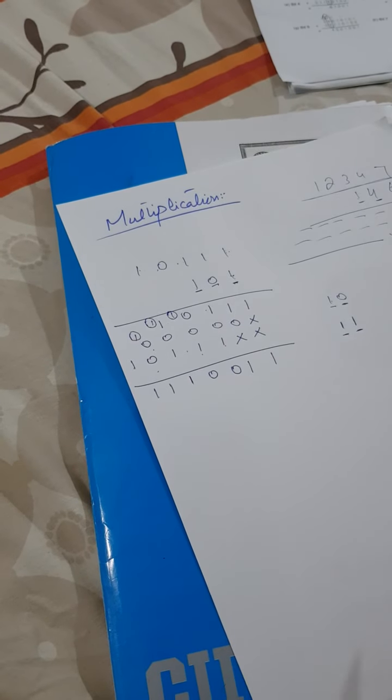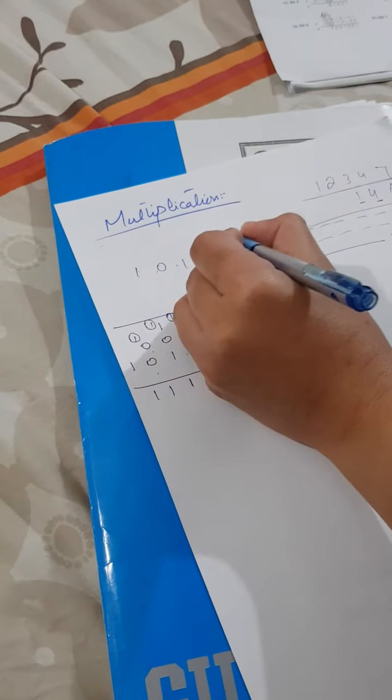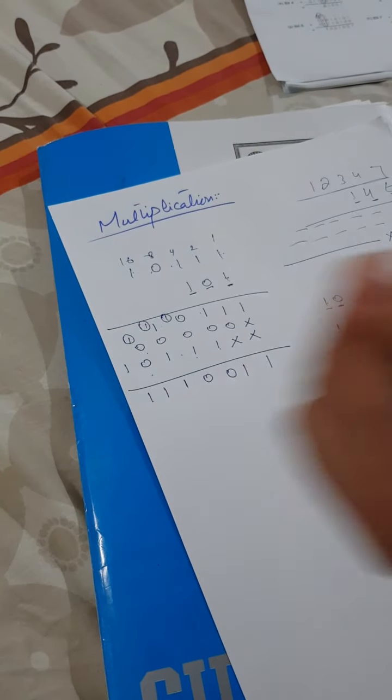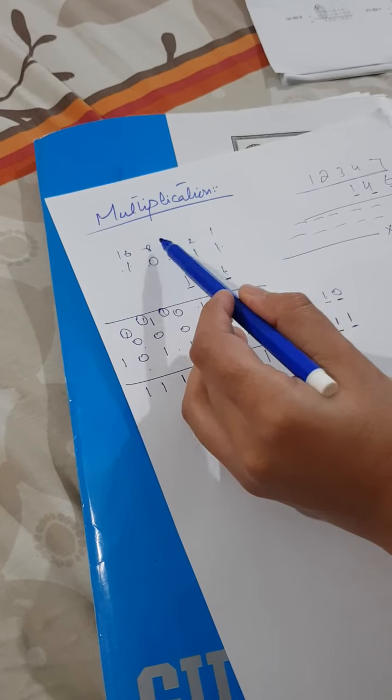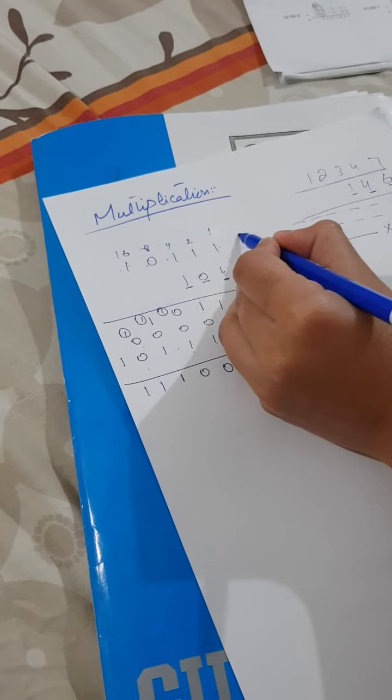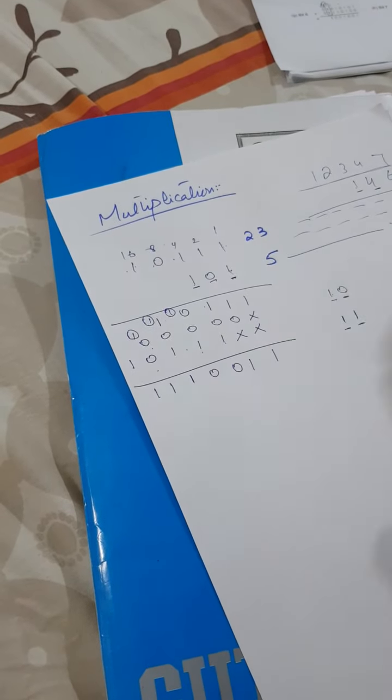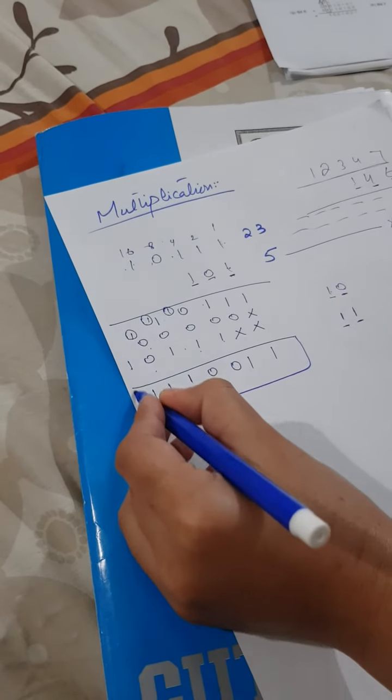So now we will see if your multiplication is correct. 1 2 4 8 16. What is this number? 16, 17, 18, 19, 20, 21, 22, 23. So you are multiplying 23 with 101, which is 5. And this is your result.